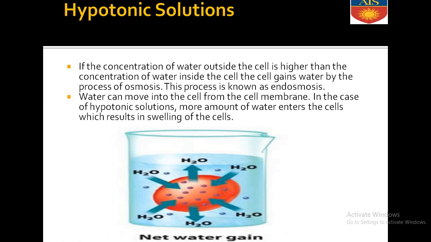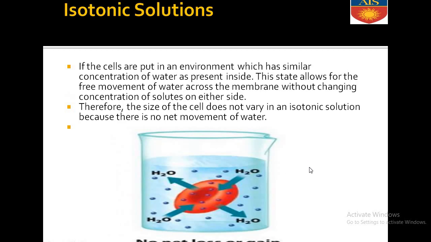Next is isotonic solution. In this case, the concentration of water is equal, the same, both inside and outside the cell. So there is no net movement of water molecules.